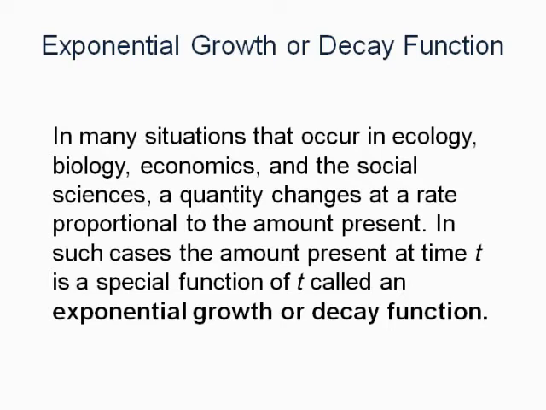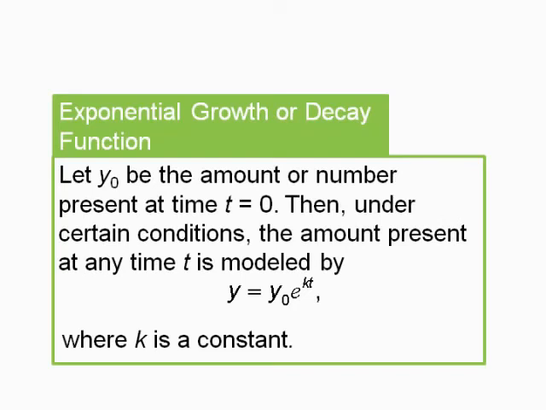It says in many situations that occur in ecology, biology, economics, and the social sciences, a quantity changes at a rate proportional to the amount present. In such cases, the amount present at time t is a special function of t called an exponential growth or decay function.